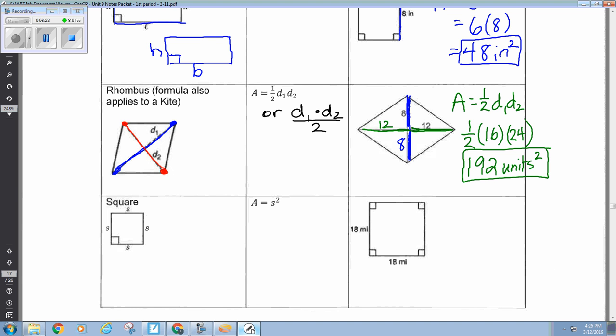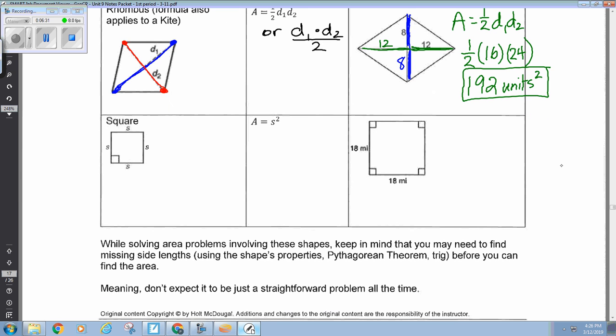The last part is of a square. So remember, a square, all 4 sides are congruent. So that means instead of doing length times width, since all the sides are congruent, we simply use side squared. So side raised to the 2nd power.